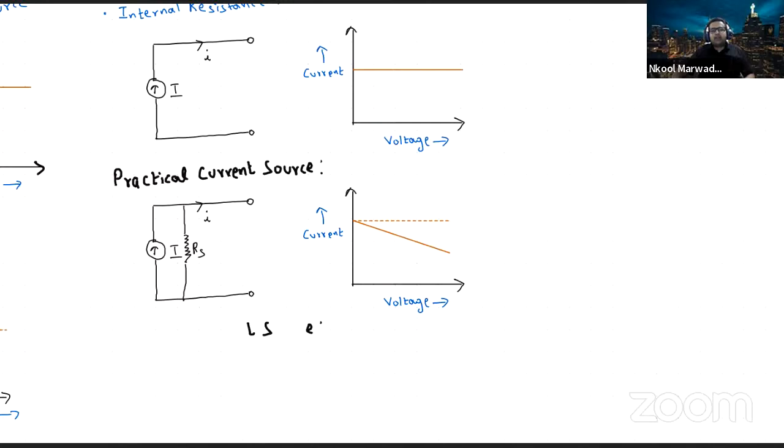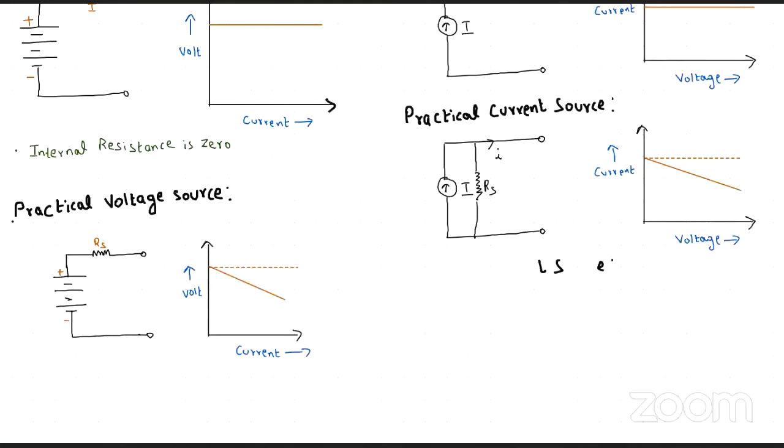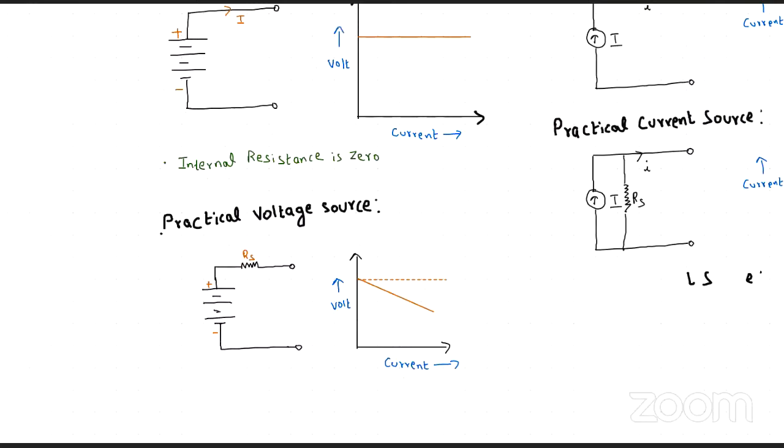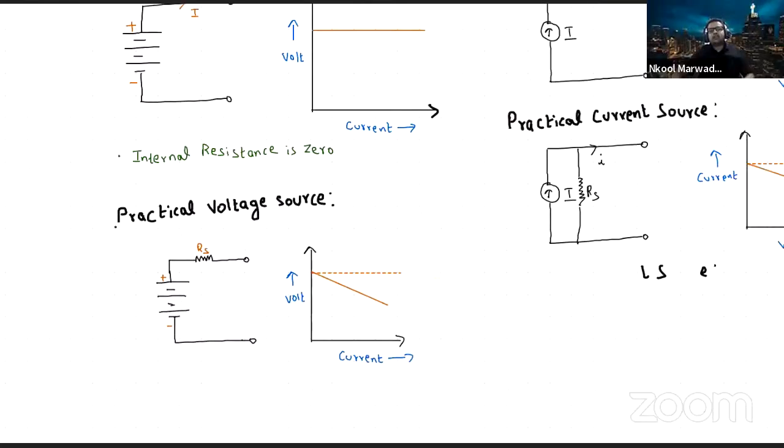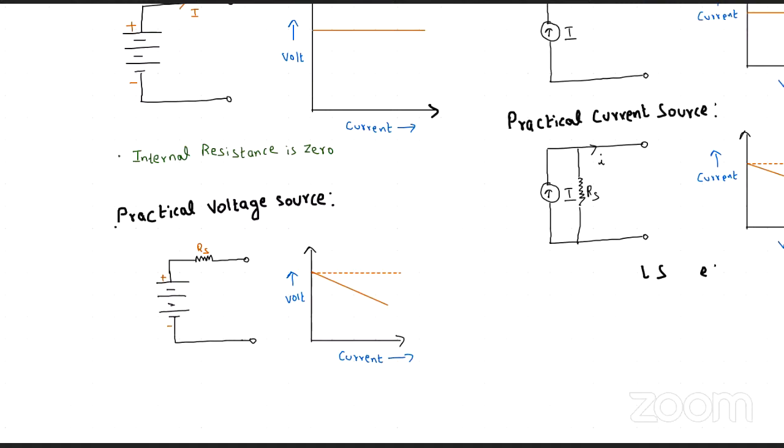Whenever we have a current source, the internal resistance will be in parallel, and whenever we have a voltage source, the internal resistance has to be in series. Okay, got it.